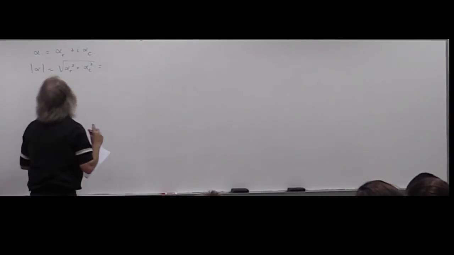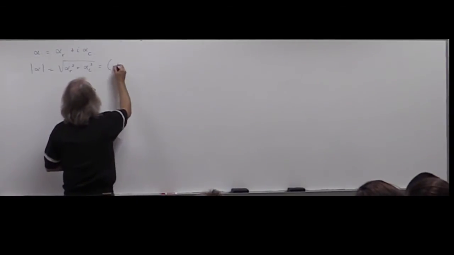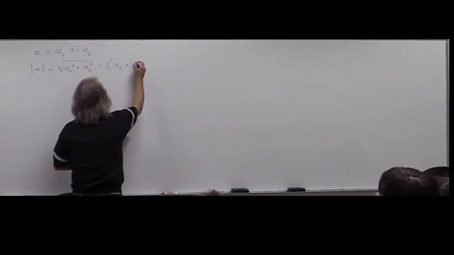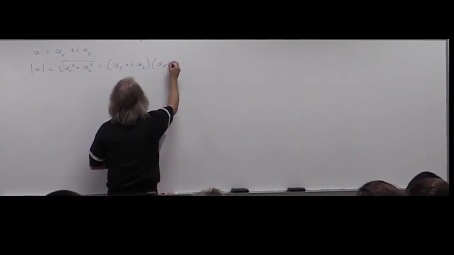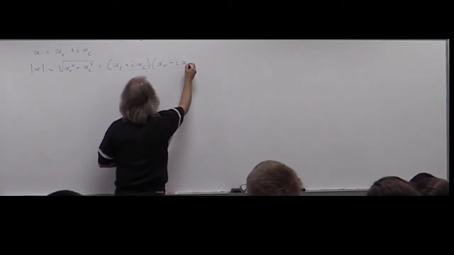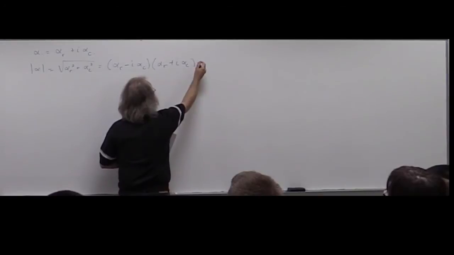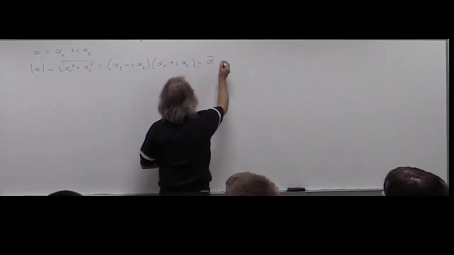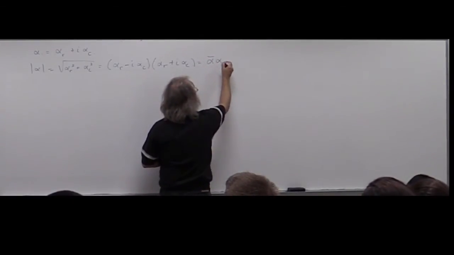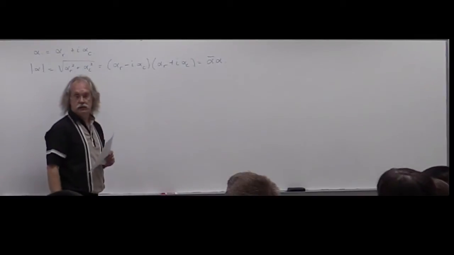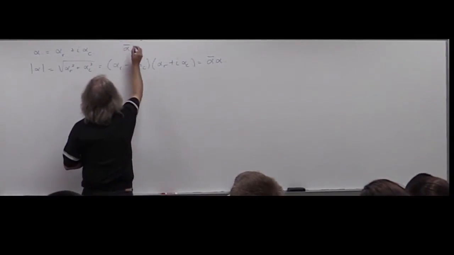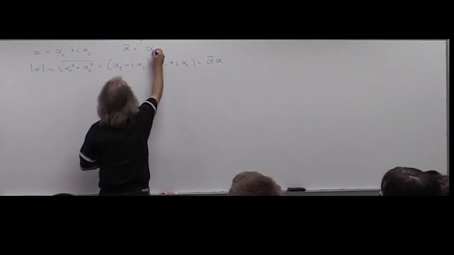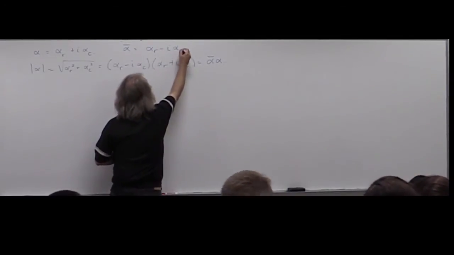And you could also compute that as alpha r plus I alpha c times alpha r minus I alpha c. Actually, I prefer doing it this way. You could do it either way. And notice that that's the complex conjugate of alpha times alpha. Okay? Where the complex conjugate of alpha is defined as alpha r minus I alpha c.